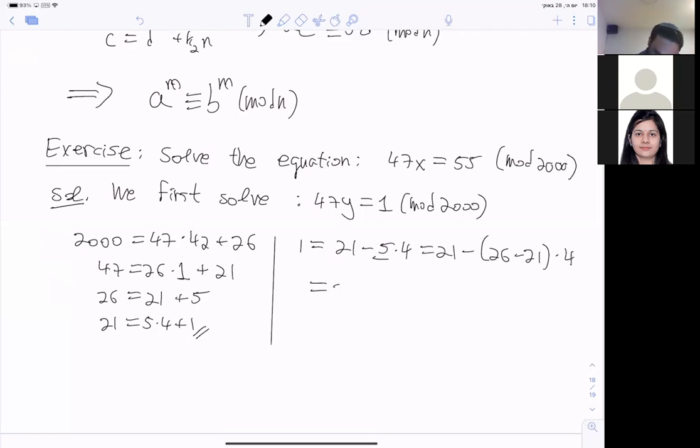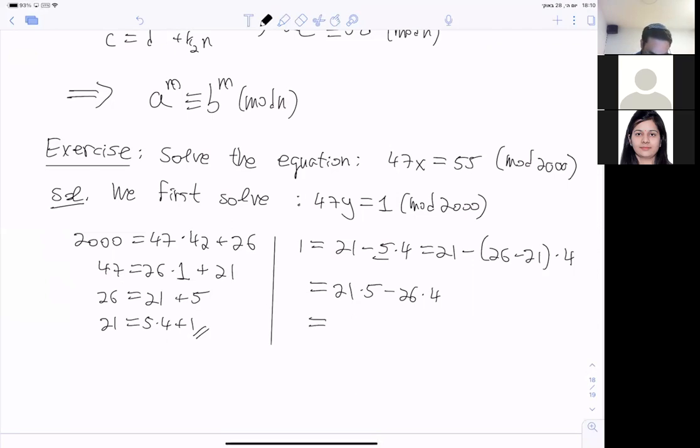So it is equal to 21. How many times? 1 time here and plus 4. Okay, let me check that. Oh, no, something is not correct. Not 21, 26.